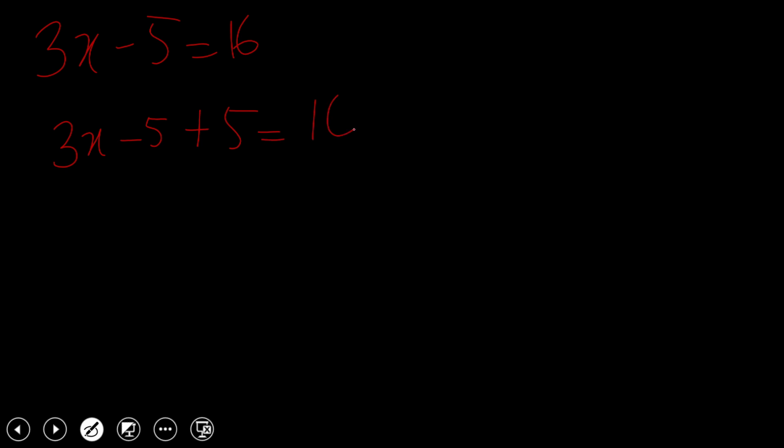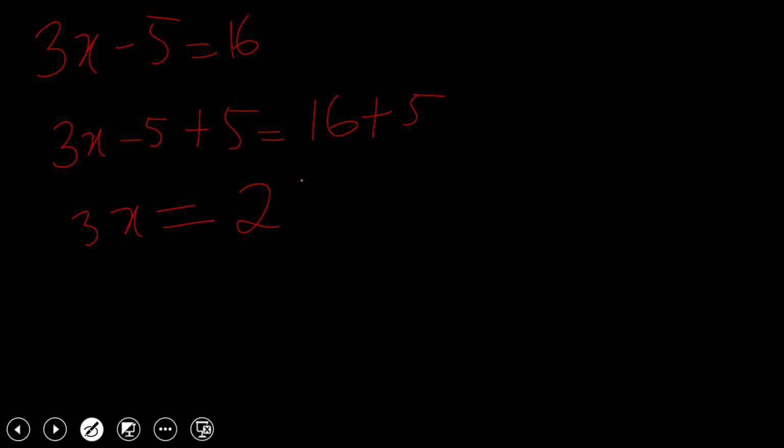Now, another one is when you have 3x minus 5 equals 16. So, you make 3x the subject of the formula. So, you have 3x minus 5 plus 5 equals 16 plus 5. So, minus 5 plus 5 is 0, equals 16 plus 5.